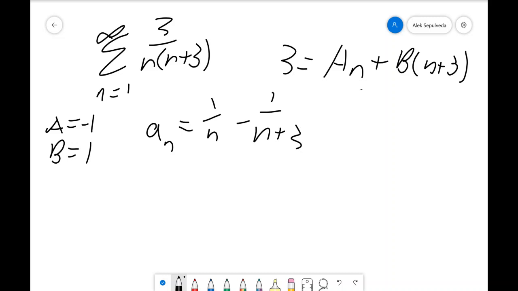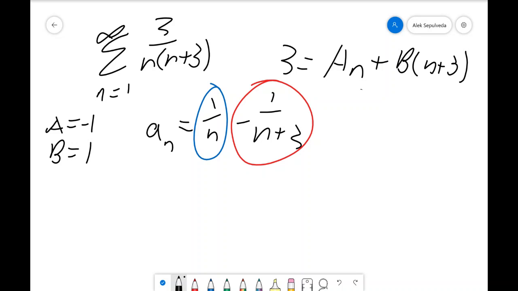And so we can use the telescoping method. This seems to be telescoping because we end up having two expressions, this one and this one, that oppose each other, canceling themselves out. We need to find the first couple terms that don't get canceled out.